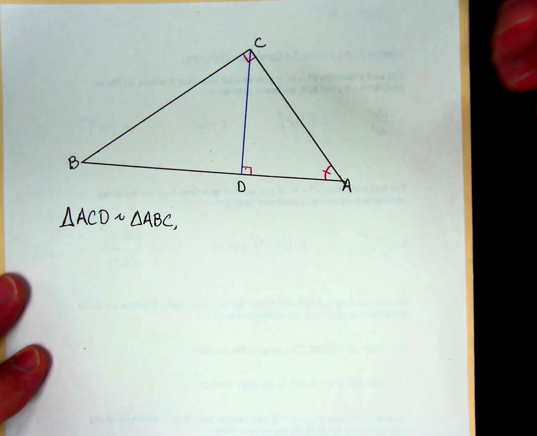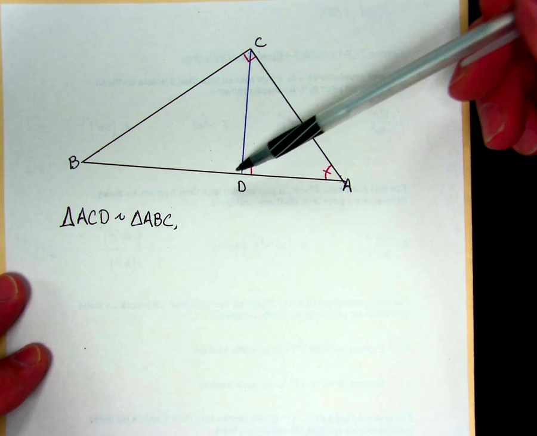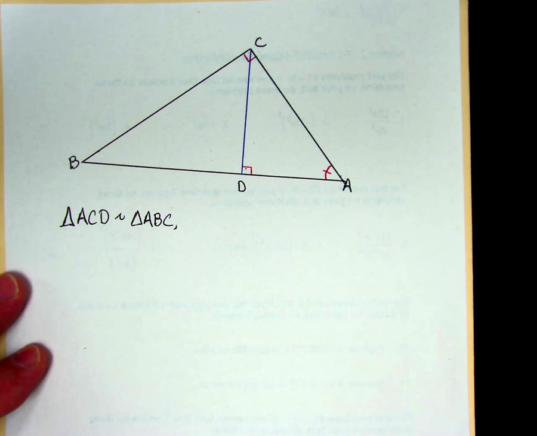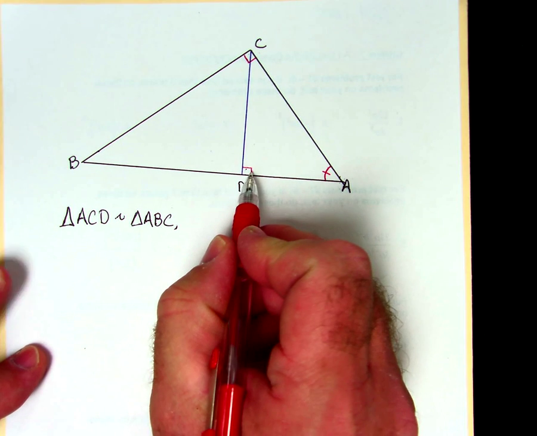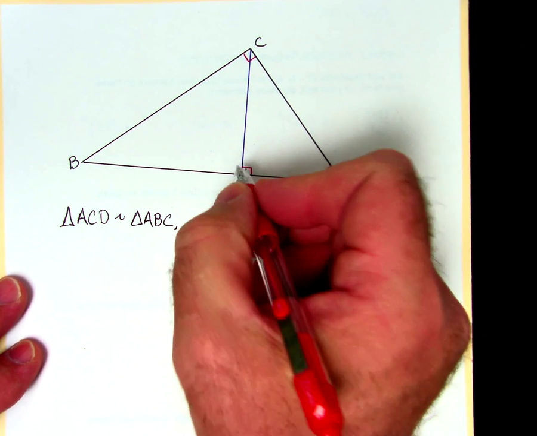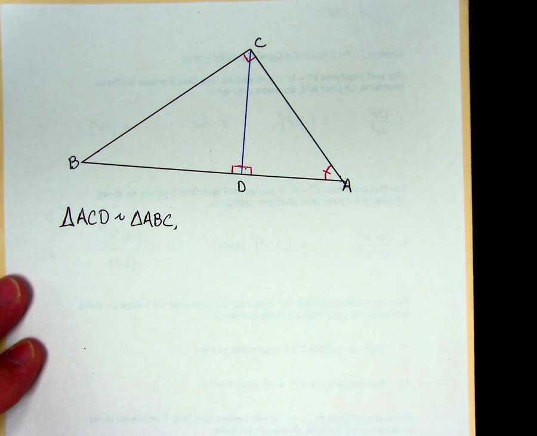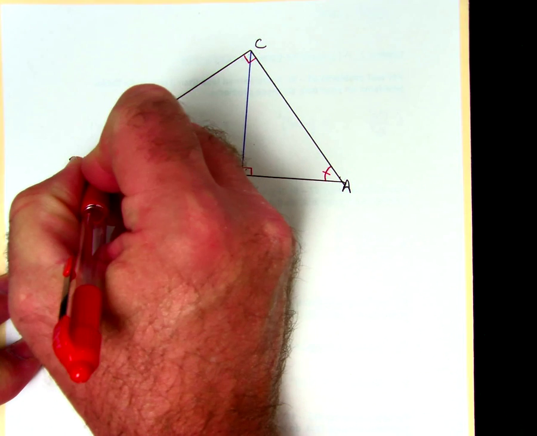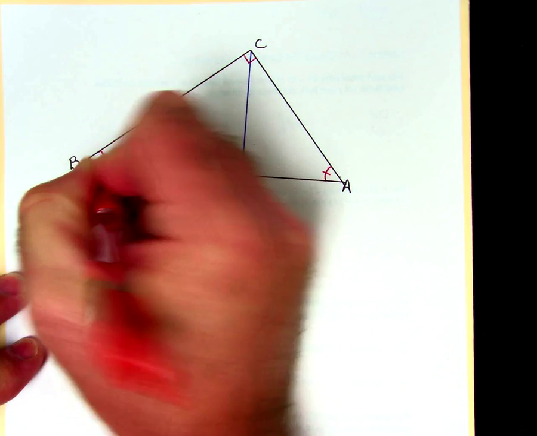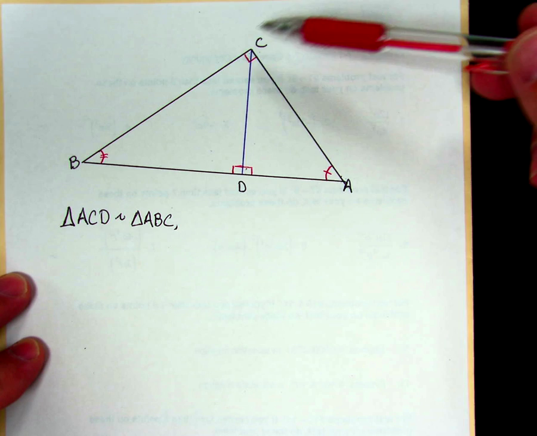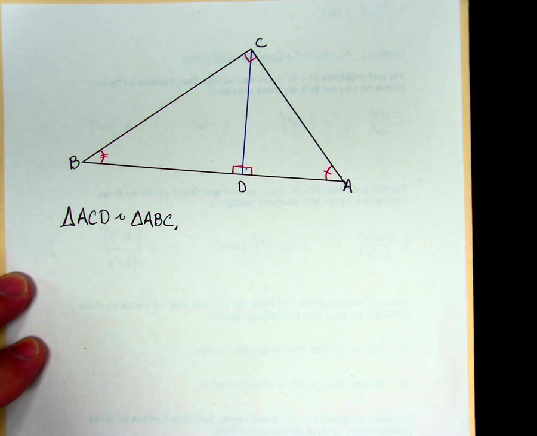Now, let's turn our attention to this right triangle to the left, the smaller one. We don't have it shown here, but if we have a right angle ADC, angle BCD is also going to be a right angle, by our definition of perpendicular: they form right angles at the intersection point. Angle B is in both this smaller triangle to the left and the large right triangle, so angle B is congruent to itself by the reflexive property.